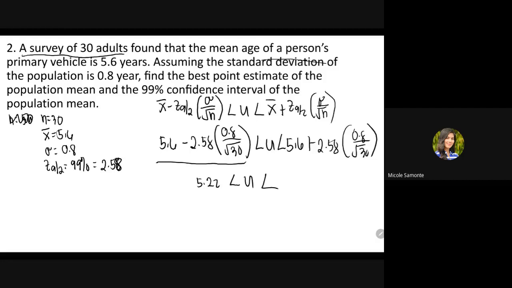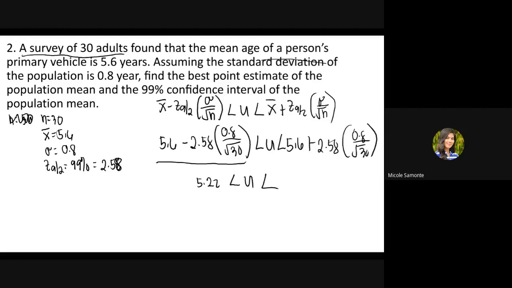Kung 5.22 yung nasa left side. Kapag sinusubukan nyo siyang i-compute at hindi nyo nakuha ang 5.22, may problema sa pag-i-input sa calculator niyo.